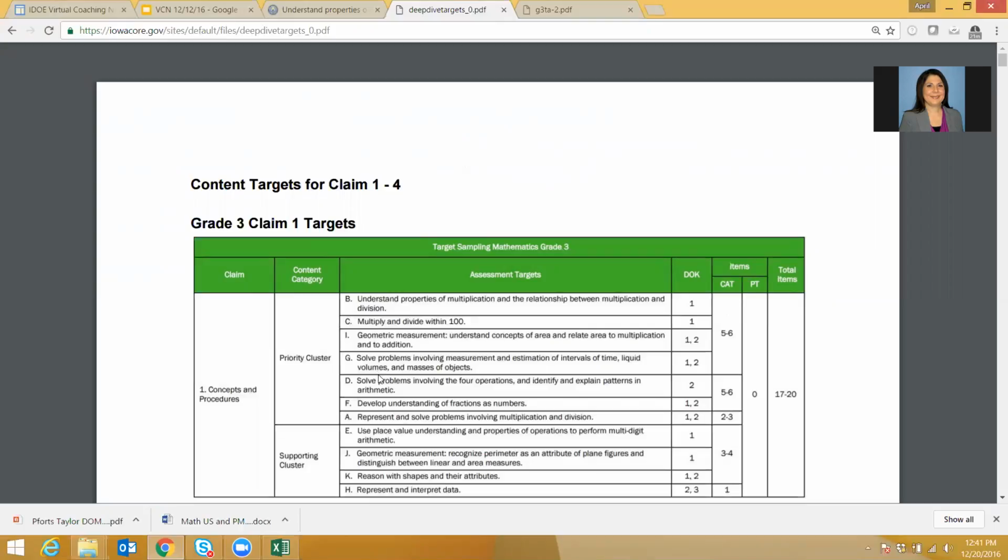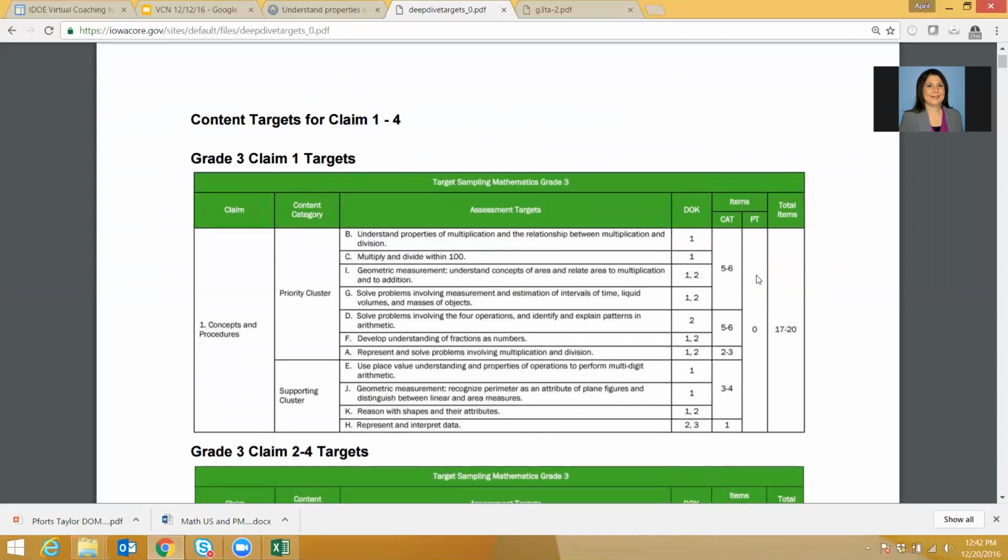Again, we talk about assessment by clusters, not standards. And then we have the ones that are in the supporting clusters. Notice our DOKs are 1 and 2. CAT means computer adaptive testing, and PT are performance tests.